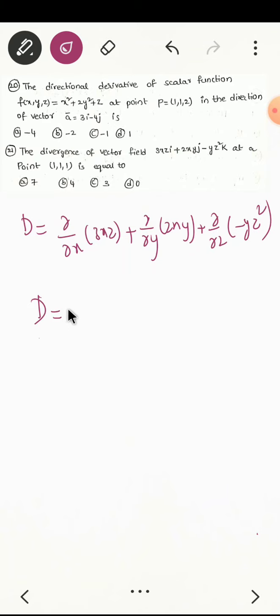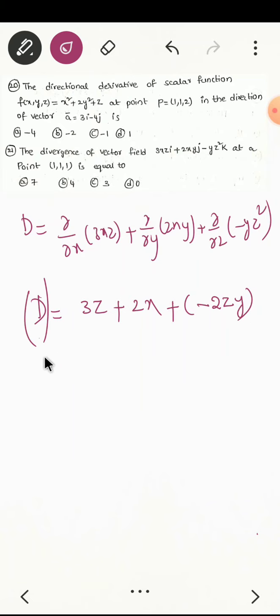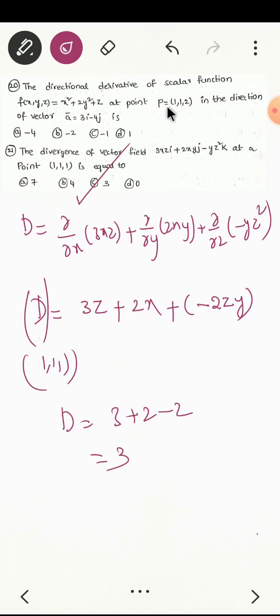So divergence is equal to, with respect to x, 3z, plus with respect to y, 2x, with respect to z, minus 2zy. Then the divergence at which point? They are asking 1 comma 1 comma 1. Substitute 1: 3 plus 2 minus 2, this will be 3. Okay, so option C is correct.